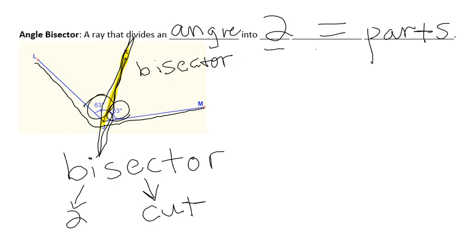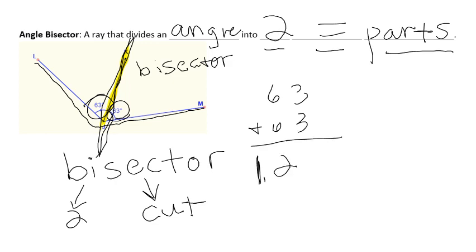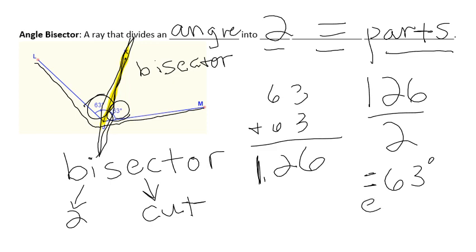Well, that's your two equal parts. You've taken this big angle and divided it up into two smaller equal parts. So that means that the big angle was 126. And what the angle bisector did was it took that 126 and divided it evenly in half, or 63 degrees each. Okay, it's like if you share a job with someone and you each split the amount of money that you make.